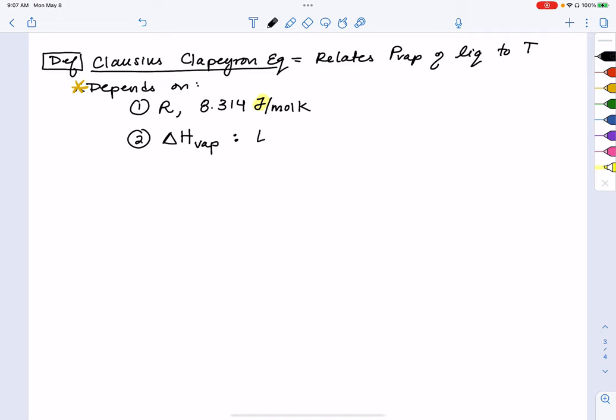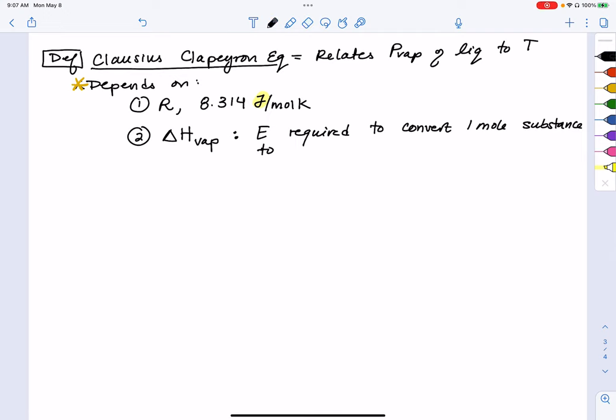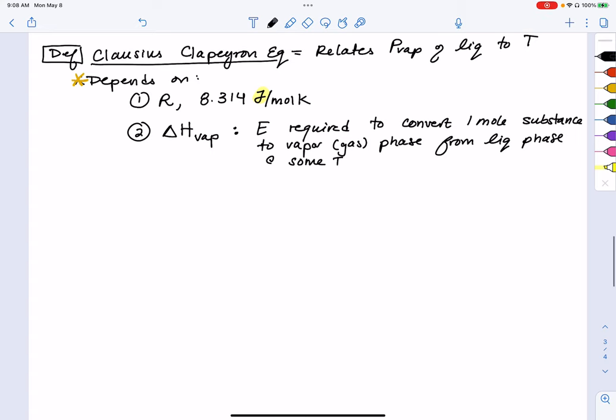In other words, this is the energy that is required to convert 1 mole of a substance to its vapor phase or gas phase from the liquid phase at some T. And we're going to get into these a lot more.